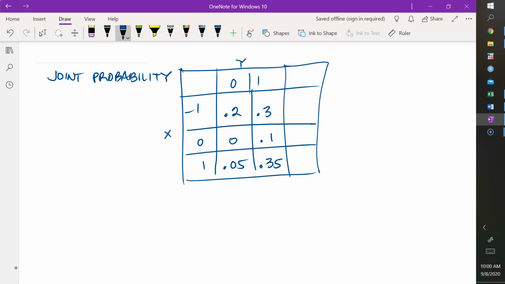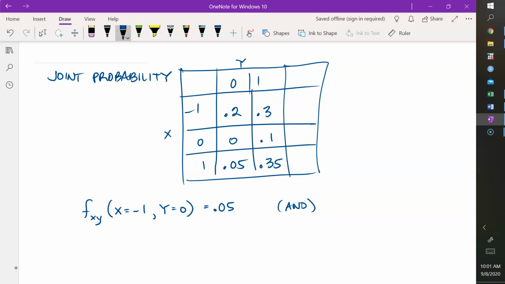So let's write this to represent the joint probability that x is a 1 and y is a 0 is 0.05. Keep in mind that means they both occurred.